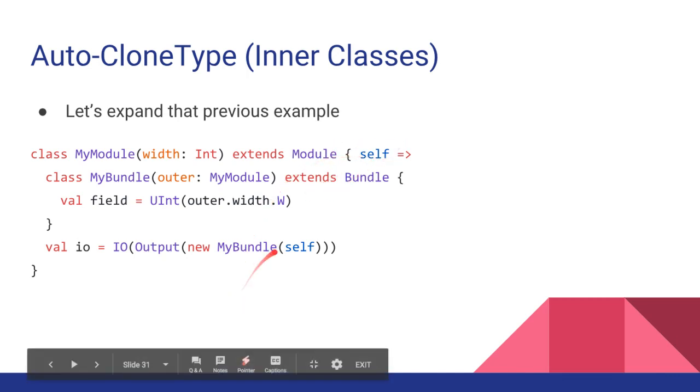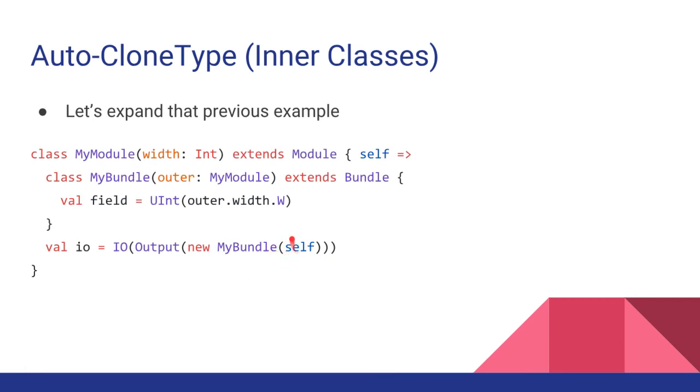There's reasons why it's useful, but I could have similarly just written this right here, and that refers to the instance of MyModule. But implicitly under the hood, MyBundle has an argument that is an instance of MyModule. And this is what the code actually looks like. Like I said, normally that outer object is available by Scala reflection.